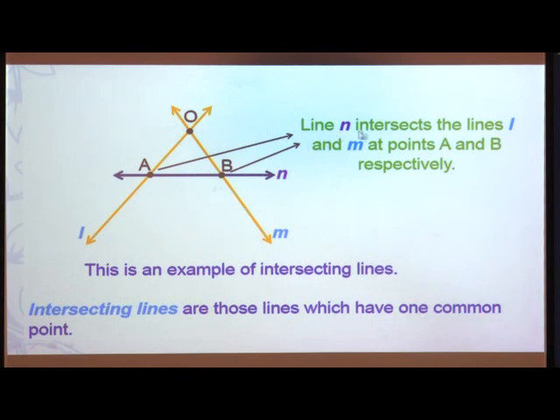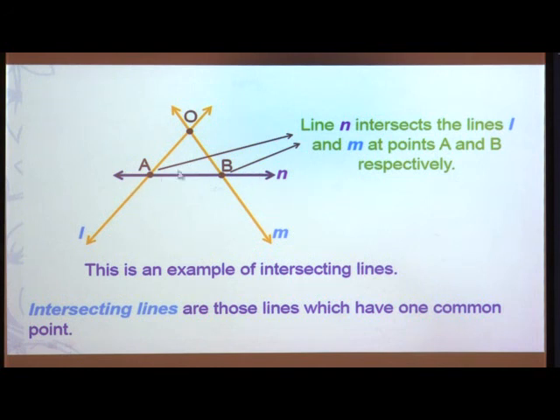Line N intersects the lines L and M at points A and B respectively. See here students, we have 3 different lines here. The first one is line L, then line M and then line N. So, there are 3 lines in this given figure, lines L, M and N. How can we say these are lines?